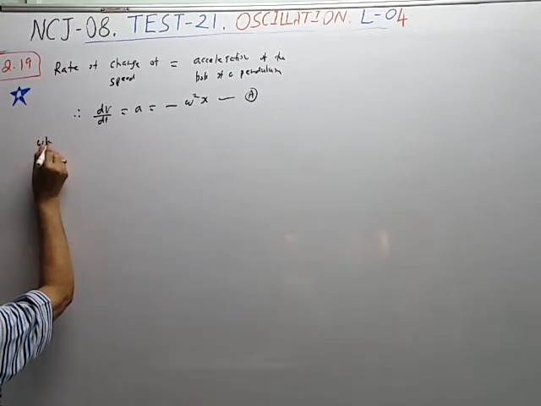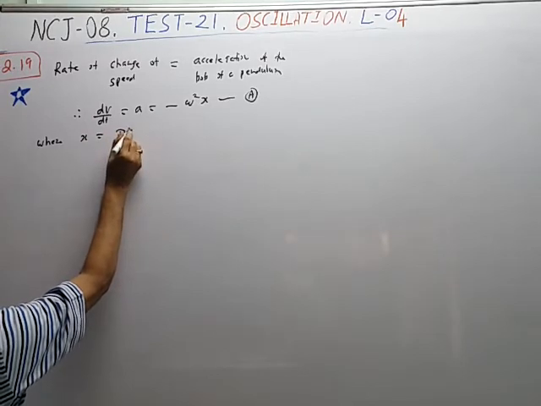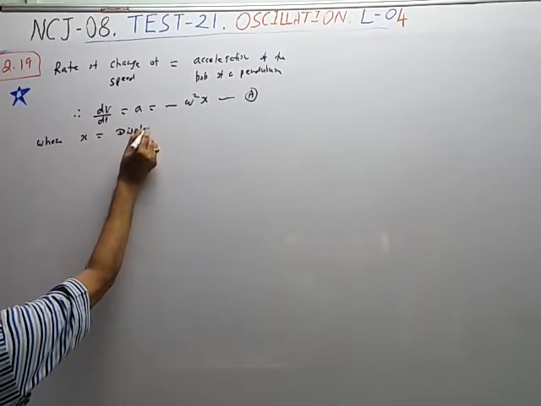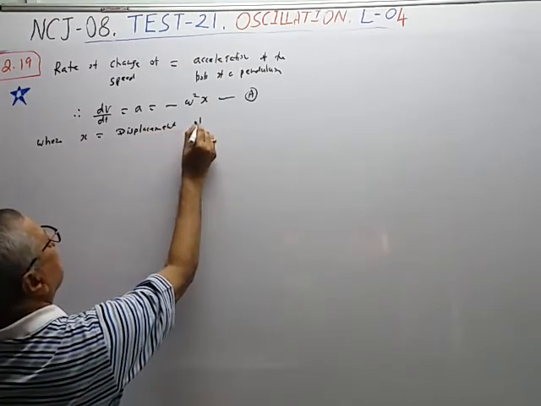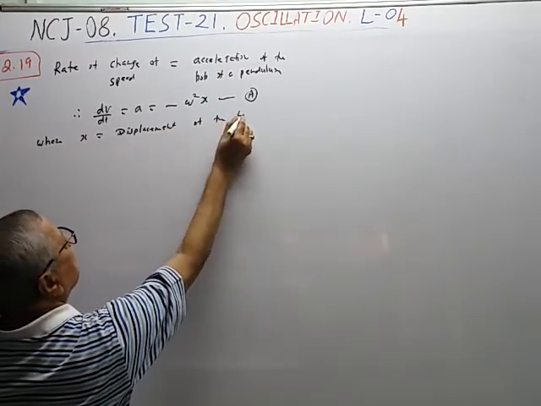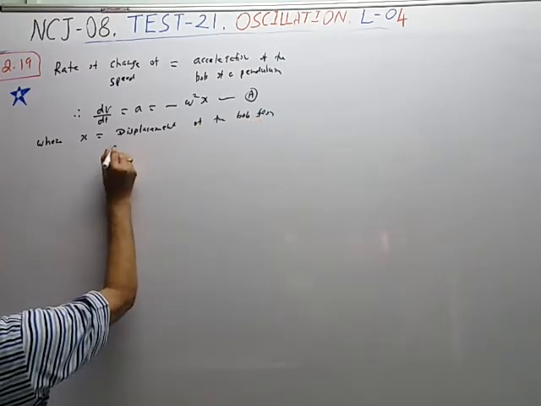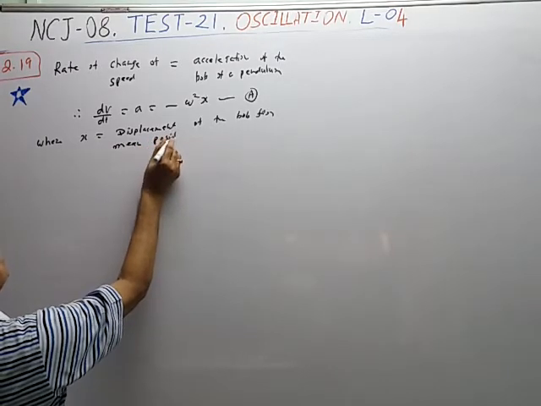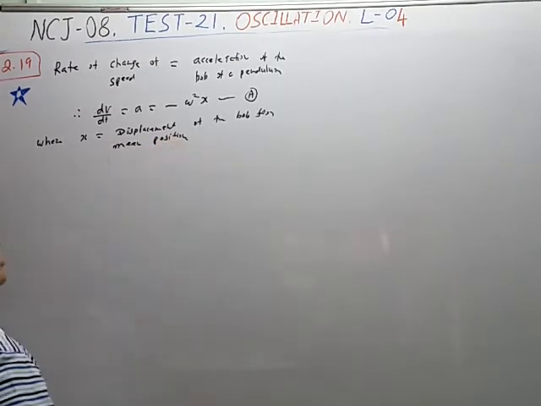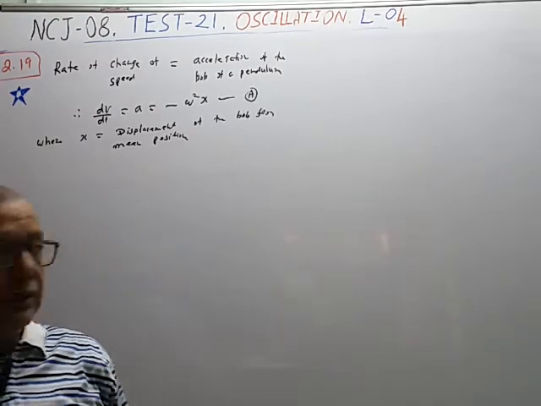where x is equal to displacement of the bob from mean position, like this.